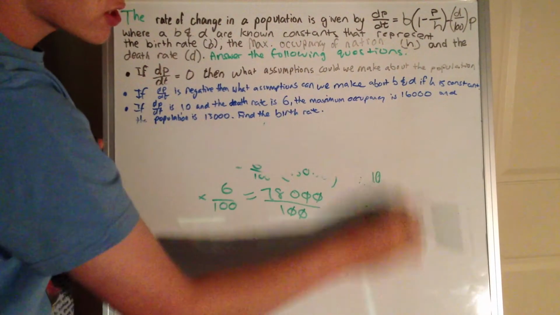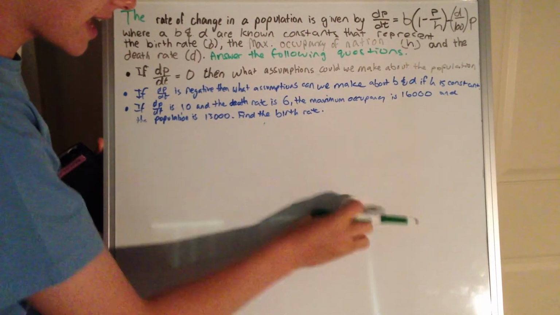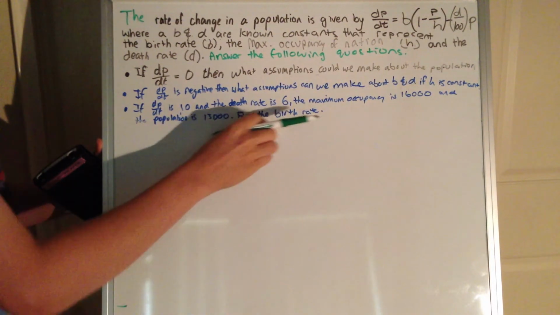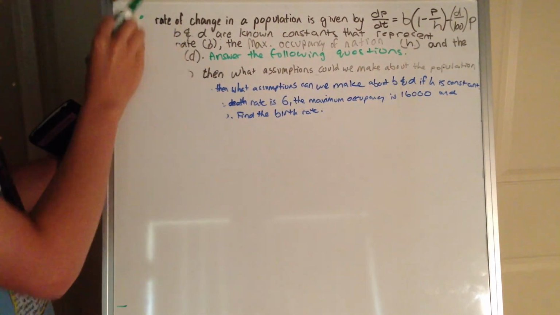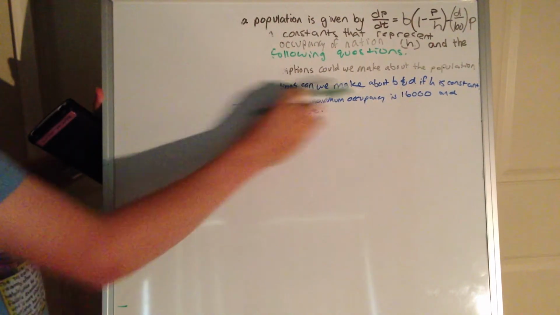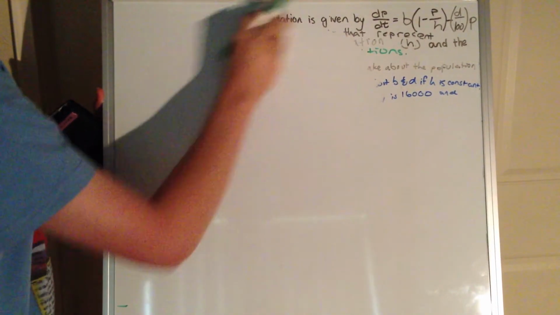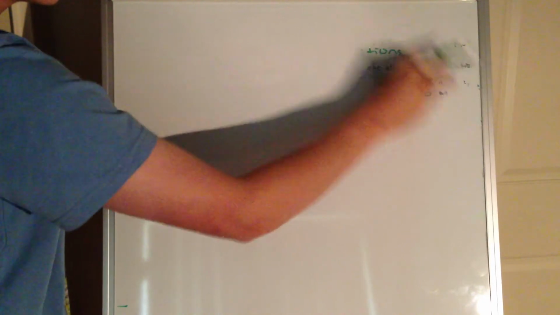But now I can try another problem with a different application of rates of change. So we've gone through population as being the first type of rates of change. Now we can have another one up here.